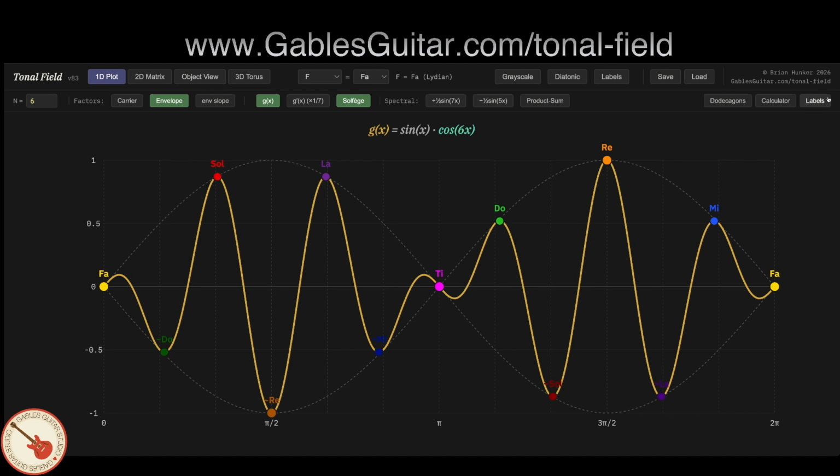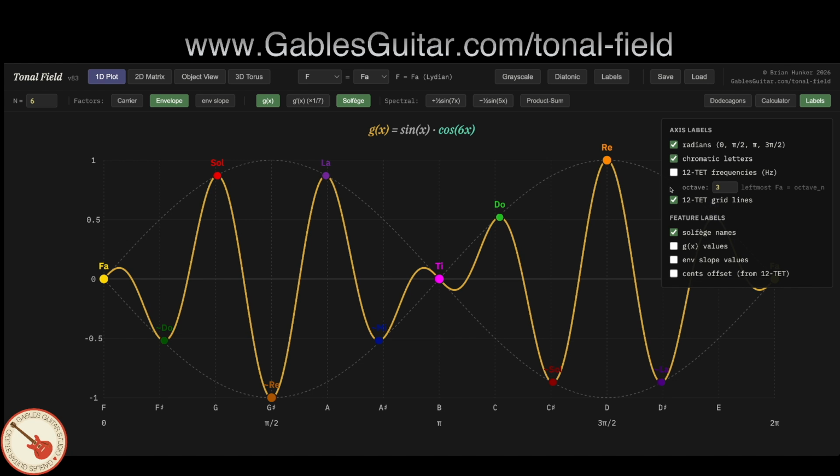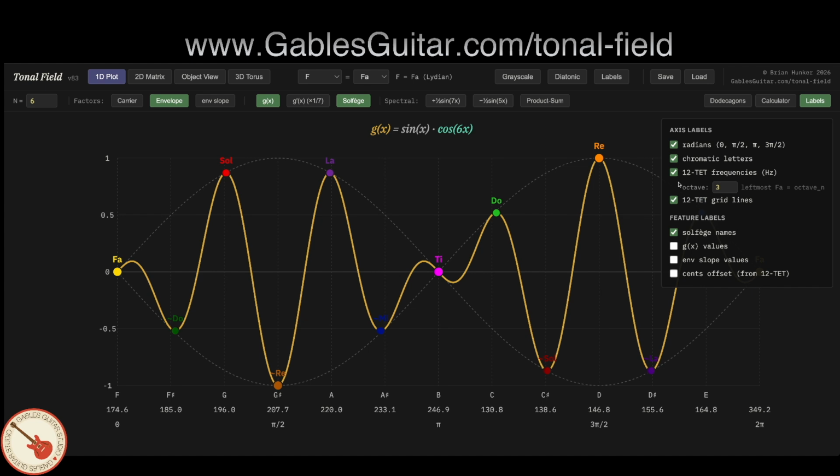I'm going to go over to the labels panel, and I'm going to turn on a few more labels at the bottom. I'm going to click on chromatic letters, and I'm going to click on 12 tet frequencies in hertz. And if we look toward the bottom here, we can see I've added 2 more rows to the 12 equal divisions of the octave.